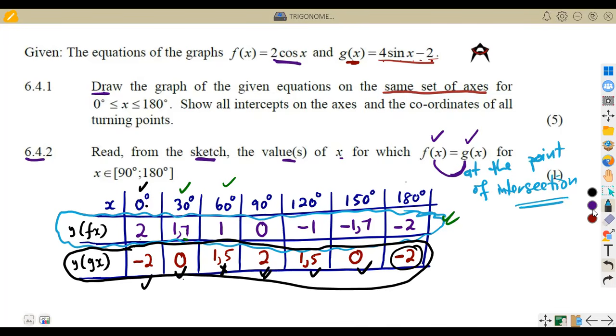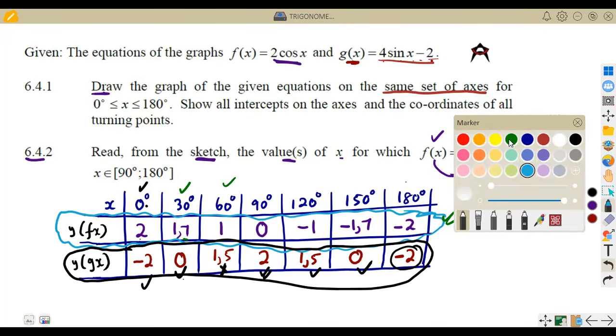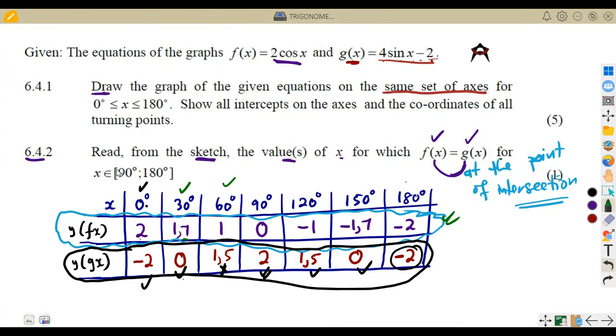But we are given that not only to be equal, it must be taken for the values of x from, take note now, 90 to 180 degrees. That is where we are supposed to take our answer, from 90 to 180. All right, so if we check our graph, it was starting from 0 to 180, but now our answer is supposed to be from 90 to 180.